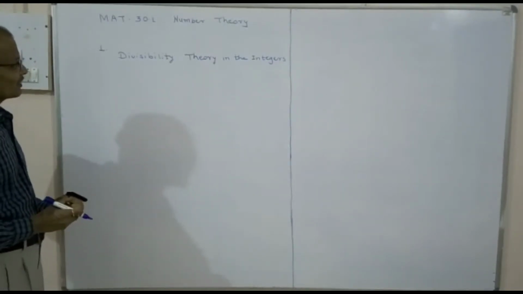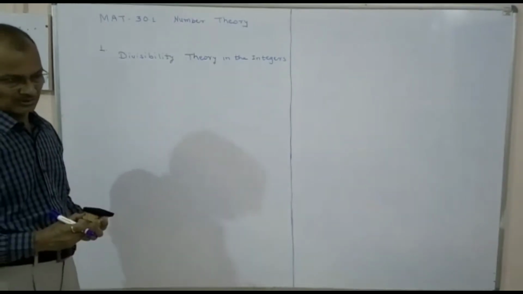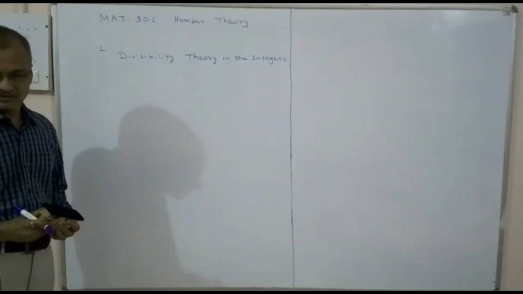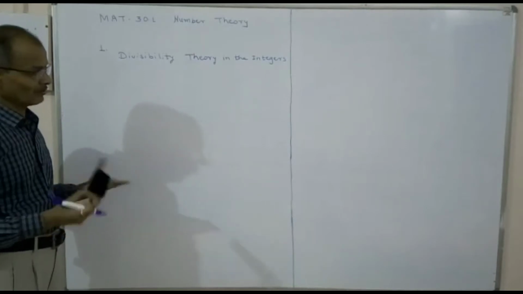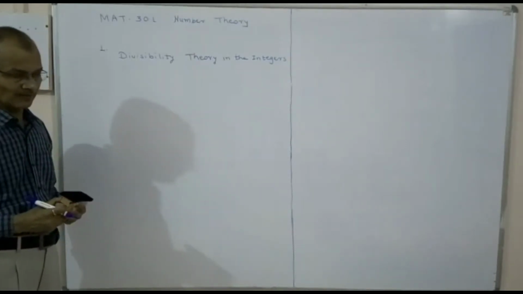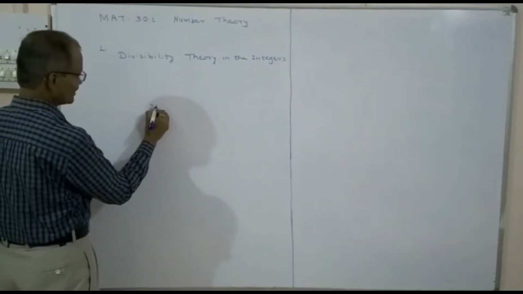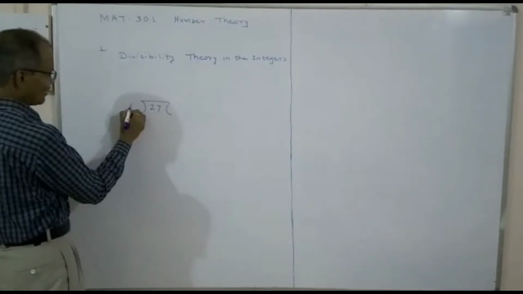Now divisibility we have studied already in our school mathematics. A number divides another number, and then we know the usual procedure of division. For example, suppose 27 is divided by the number 4.